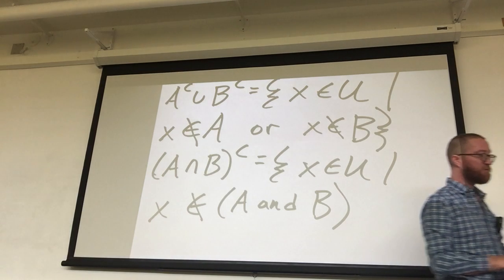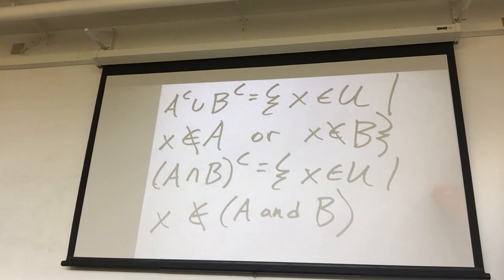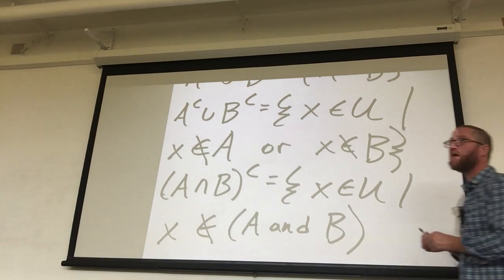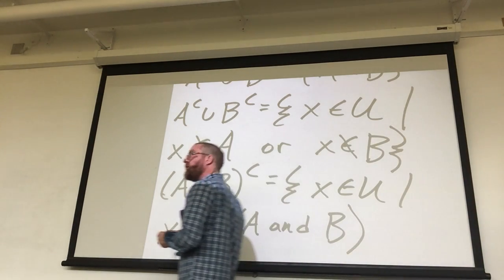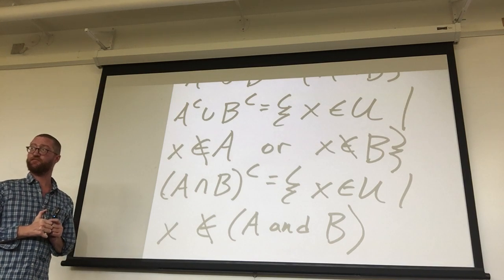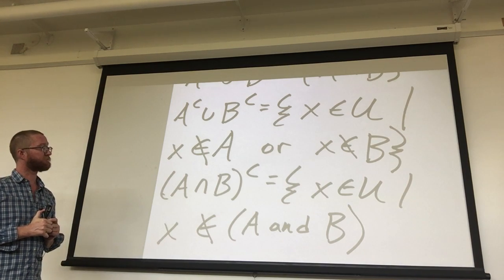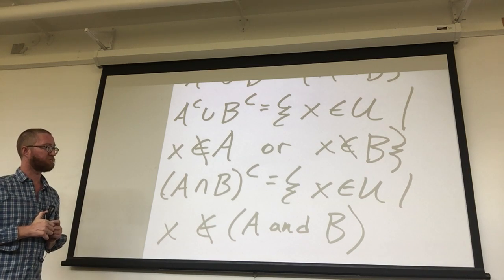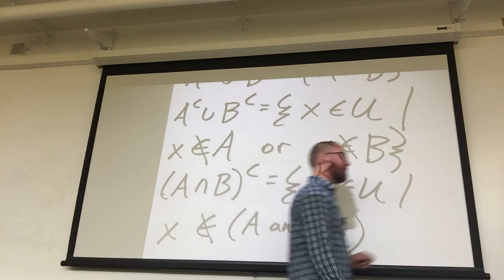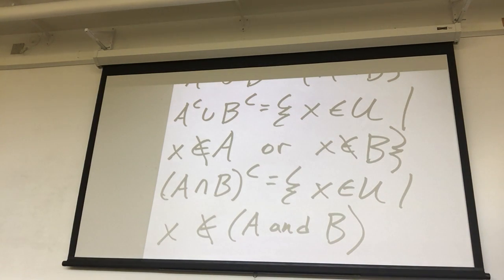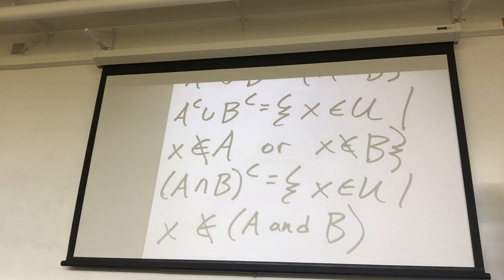Okay? So this statement can be interpreted in two different ways. You can say X is not in A, or X is not in B, or X is not in A and B. Right? So if we drew a diagram of this, honestly, the second one seems to make a little bit more sense to me.